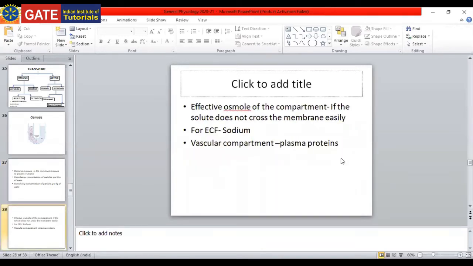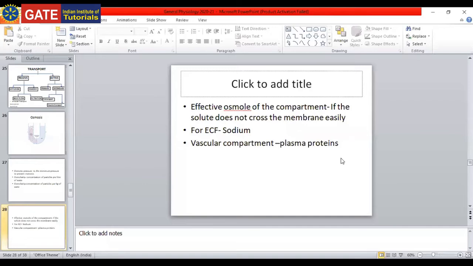Now, what is effective osmol? I told you there are how many compartments? Two, ECF and ICF. Yes. Now, you call something effective osmol for a particular compartment.